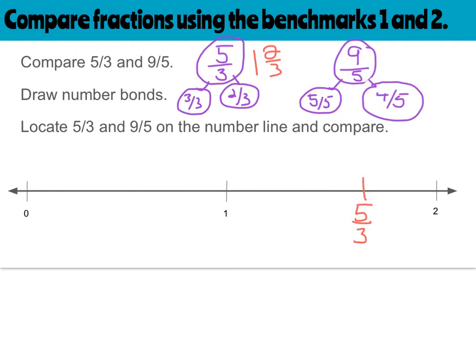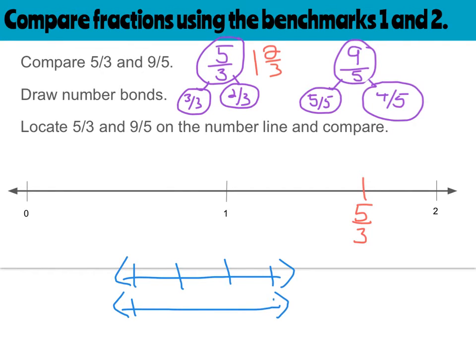When I think about my fractions, I'm going to draw 2 sample number lines down here. And I'm going to break 1 into thirds and 1 into fifths. Label my whole. Okay, so now this one has third-size pieces, and let's make this one have fifth-size pieces. So we can count.